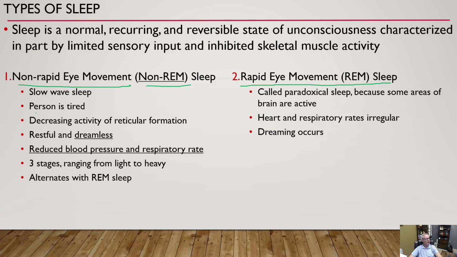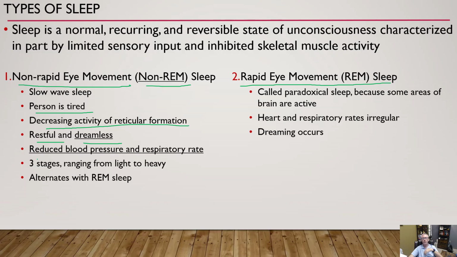Non-REM sleep, that is when we're exhausted. We see that decreased activity in that reticular formation, that reticular activation system. This is where our body is at rest. We don't dream here. This is where our body is resting.